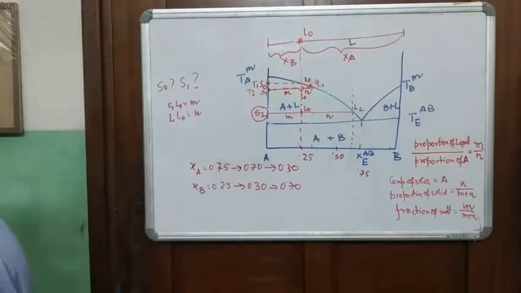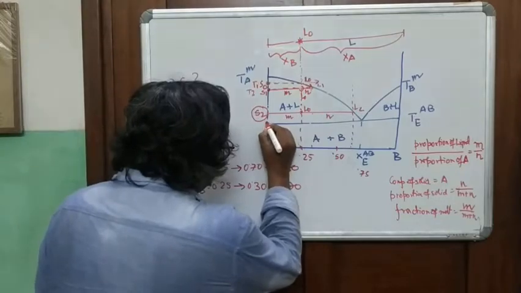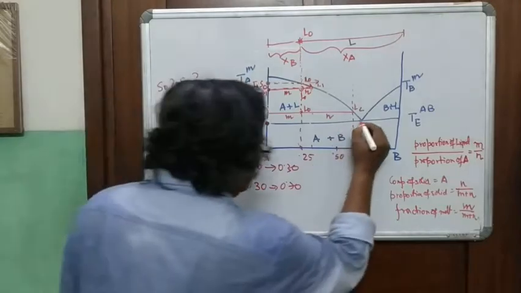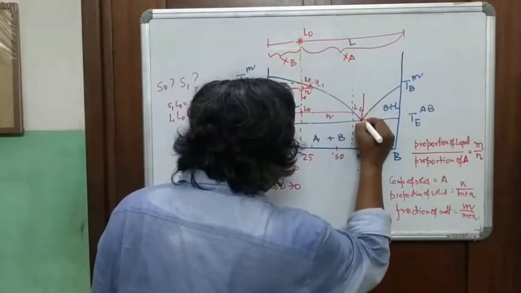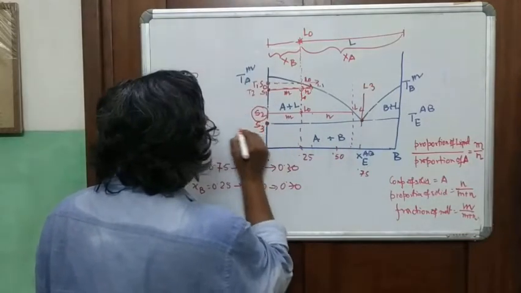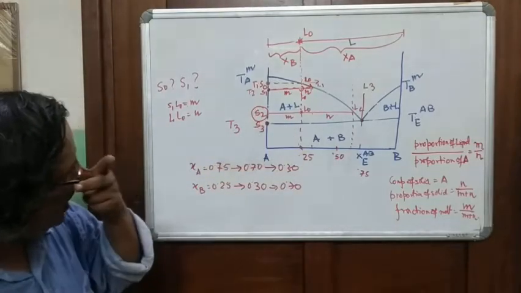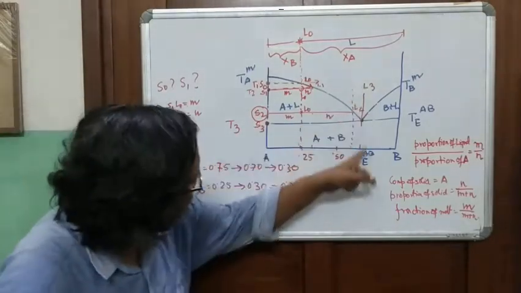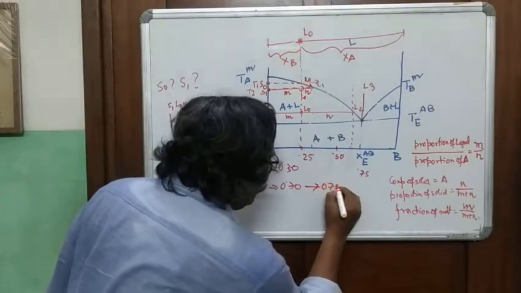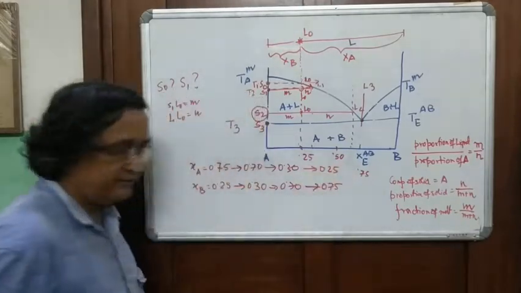So remember, this is important, and this will happen till we reach this point. Till we reach this point and the liquid reaches this point. Let's say this is L3 and this is S3 and the temperature is T3. Now, at L3, XB now has become 0.75 and XA now has become 0.25.